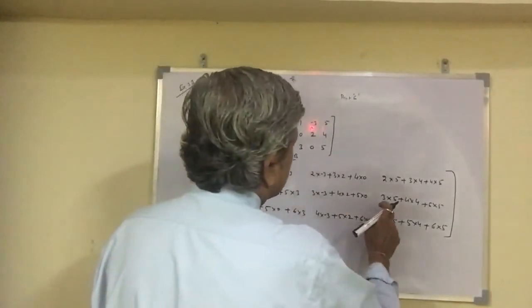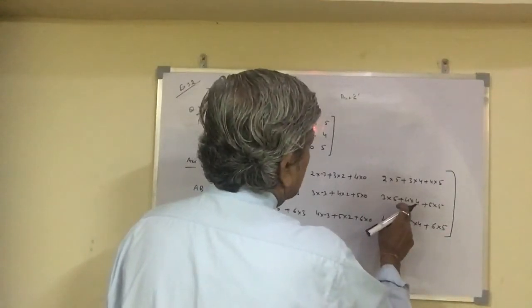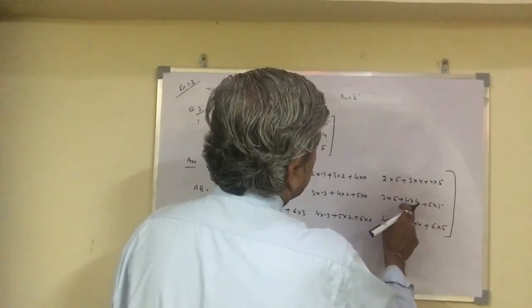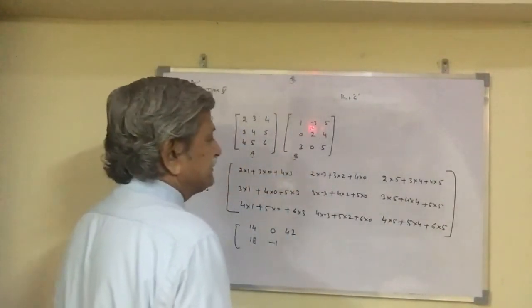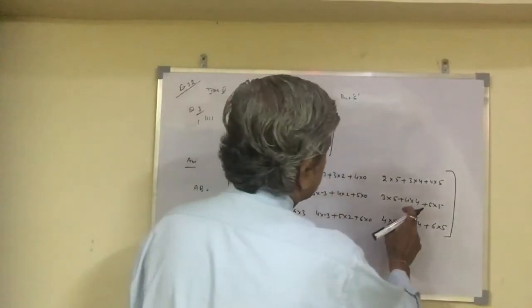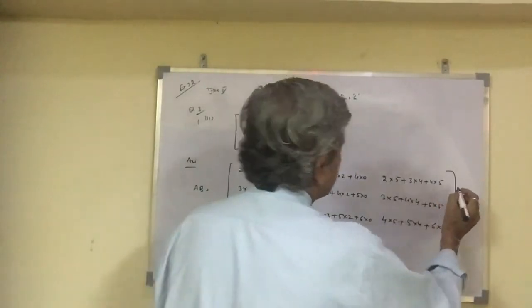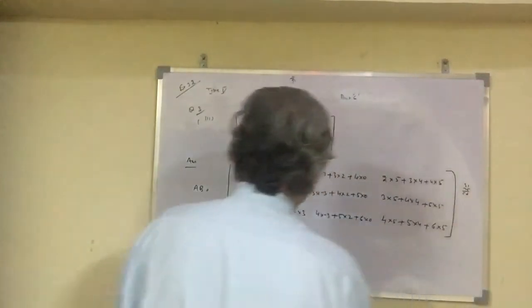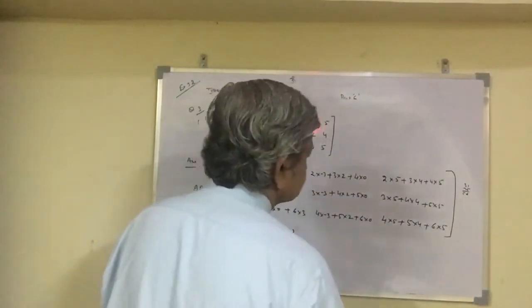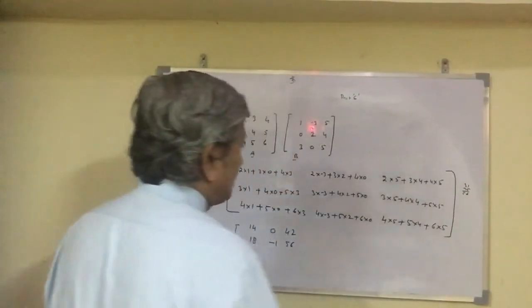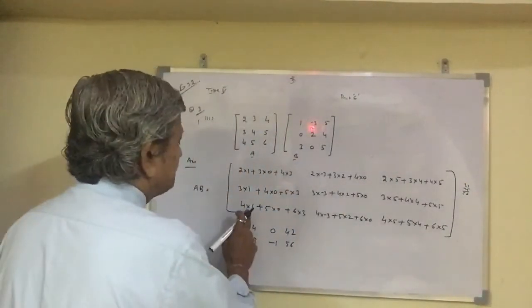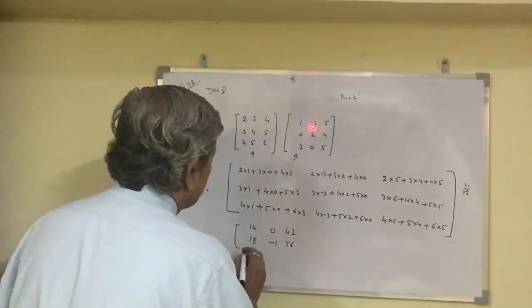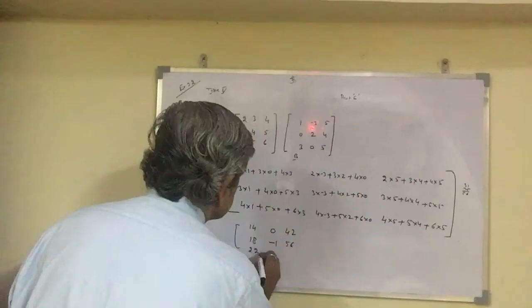And here 15 and 14, 15 and 14 is 31, and 31 and 25 is equal to 56. So here is your 56, right? And here is 4 and 18, so 22.